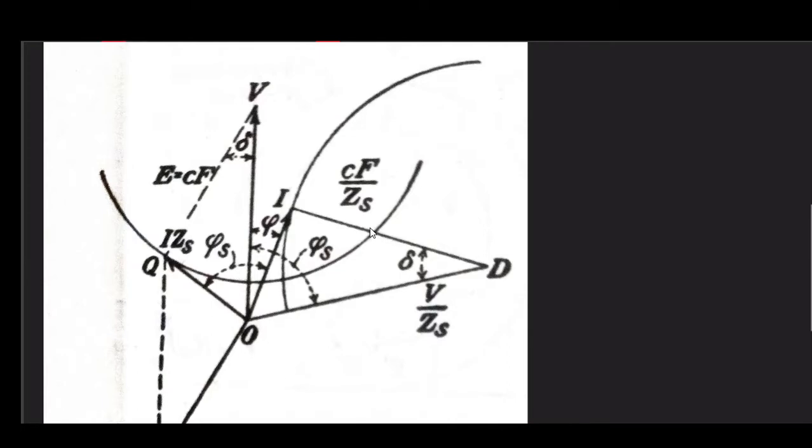What is common between the two diagrams is that, as I mentioned, it is now a game of magnitude rather than a game of sign, and it is the angle delta that is between V and our E. One thing that is very clear and we should not forget is that we can write correctly V equal to minus E plus IZs.